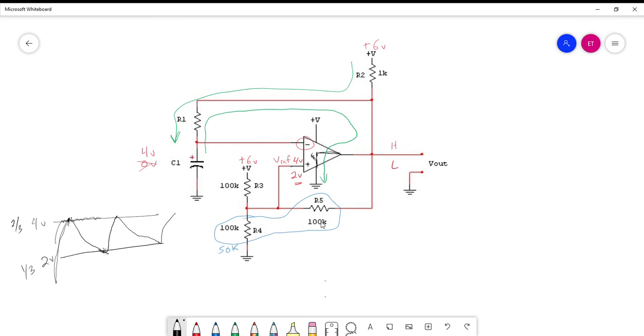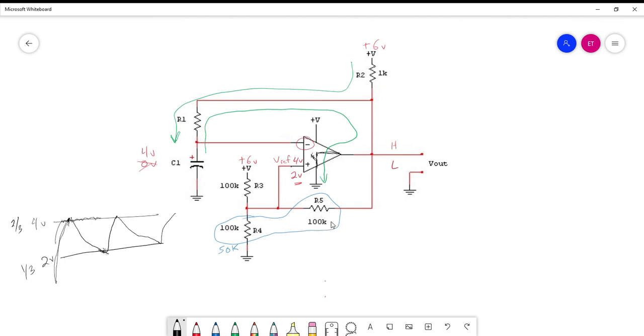So you could get even a wider gap between your two threshold voltages as you increase the positive feedback. If I took this down to like a 10K resistor, it would slow things down because the distance between the voltage that the capacitor has to charge to and discharge to would widen.